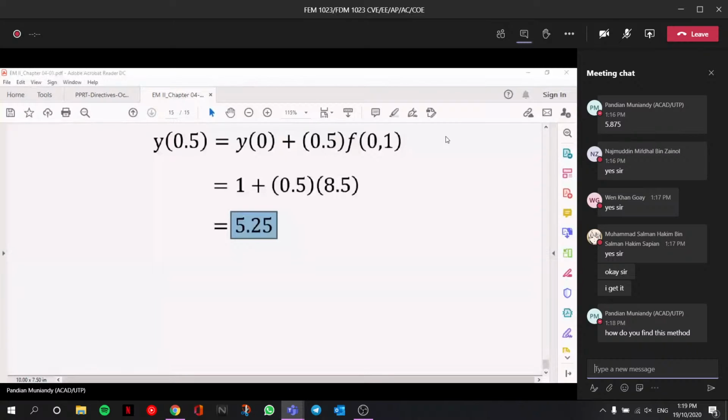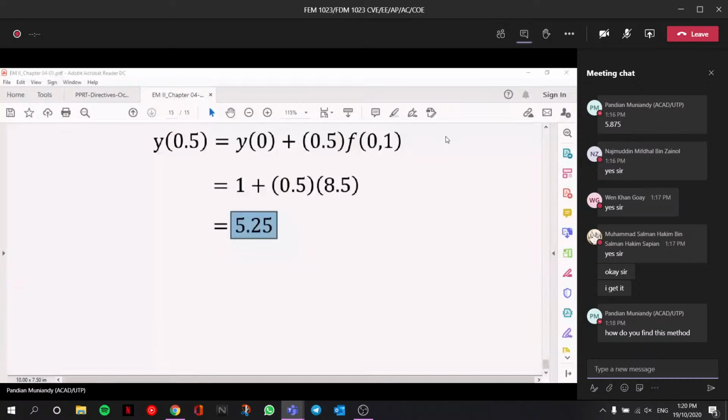Yes, sir. So can you find the answer? All of you? Yes, we can. 5.875. All right. Can you calculate now at 1.5? You make a table now. Make a table.